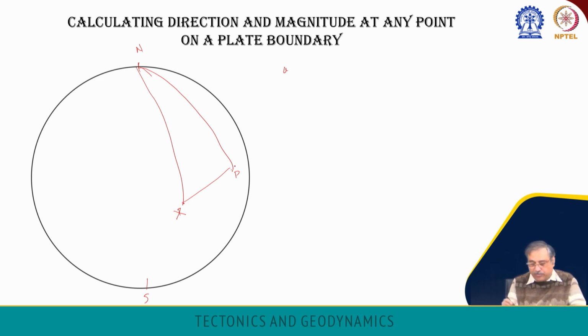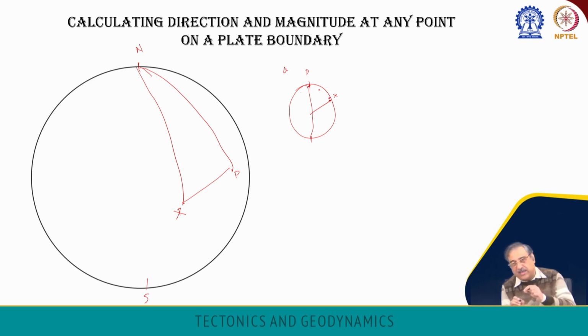Now we know, you see, if this is the positive p, so let's say this is point P. I'm depicting this, I'm cutting a slice through here, and this is my point X. Then with respect to point P, if point P is a positive pole of rotation, then point X will actually be moving away tangentially from this boundary, because it will be moving along a small circle.